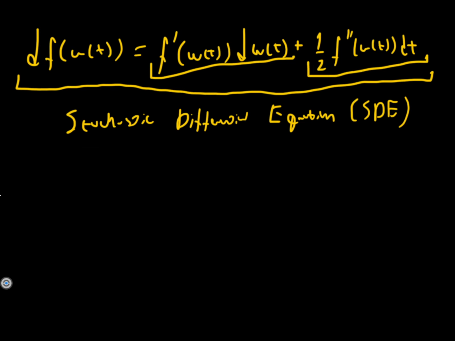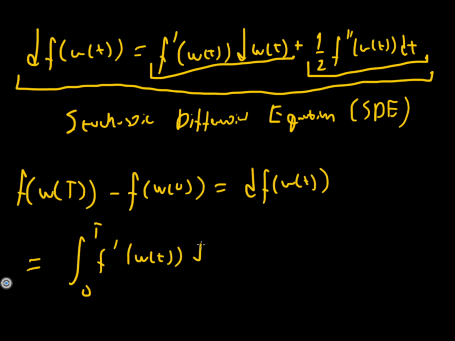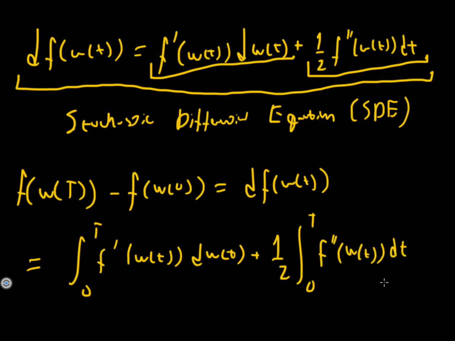So what we in fact get is that f of omega T minus f of omega 0, which is equal to our differential, is going to be equal to the Ito integral of f prime omega t d omega t and half of a normal integral of f double prime, dt.